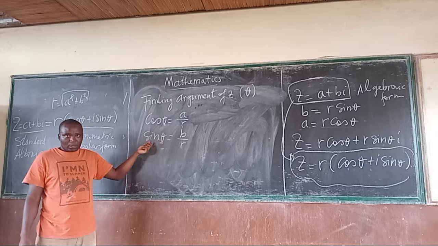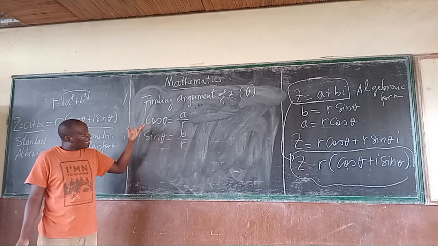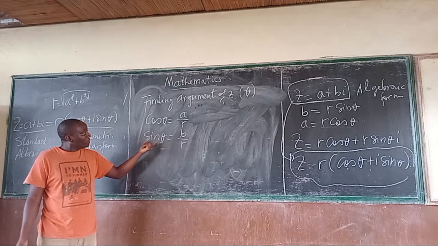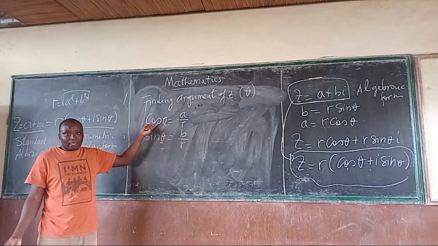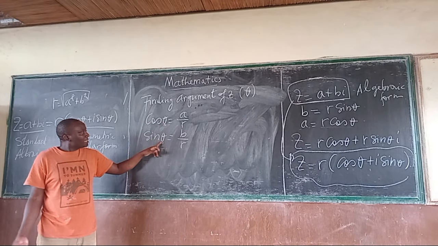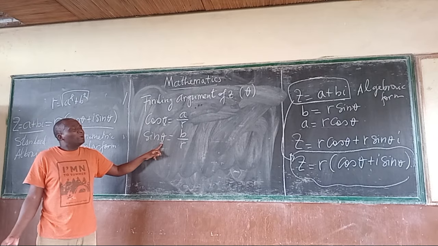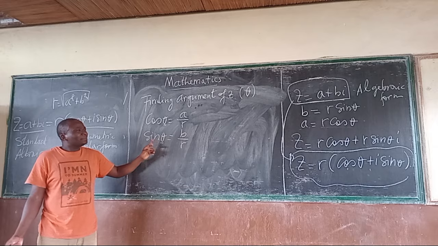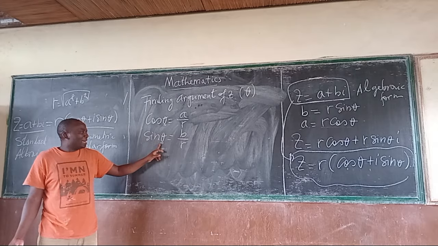You know that the tangent of an angle is the ratio between sine and cosine. You can apply arc tangent to get this angle theta simply, but this way has many challenges.